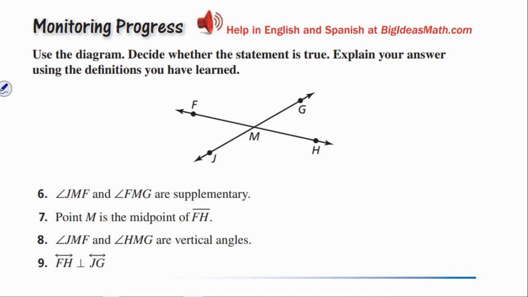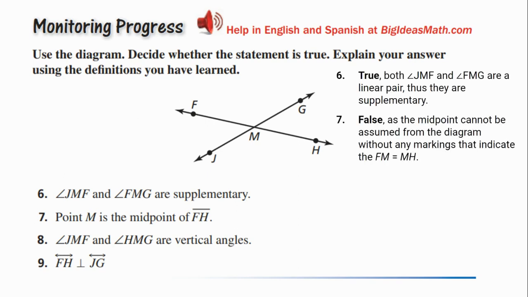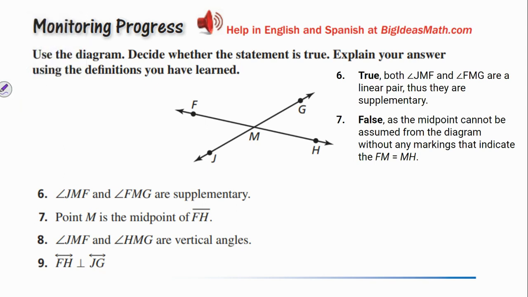All right, we can look at number 8. So this is saying that angles JMF and angles HMG are vertical angles. So if we look at this, let me go ahead and fix that real fast. Here we go. So if I'm looking at this, let me get my pen back up here. Here we are. JMF. And we are looking at angles HMG here.